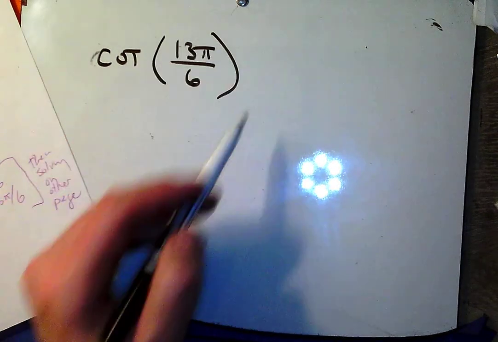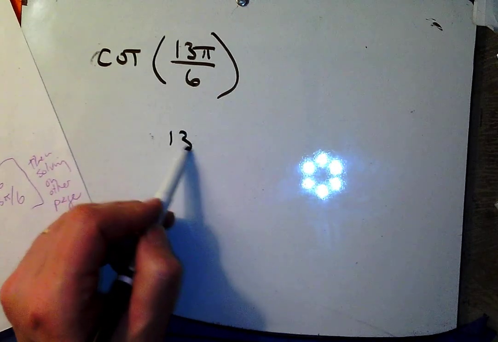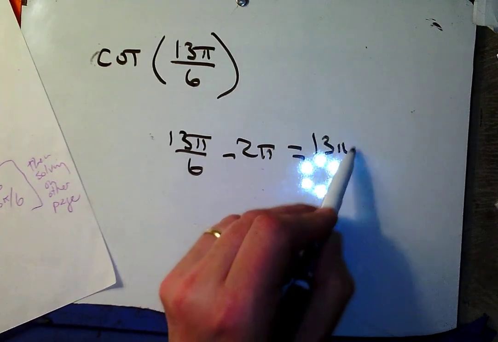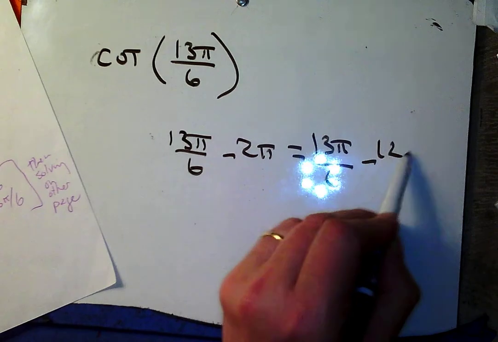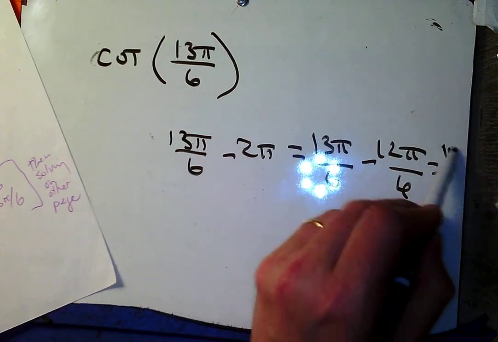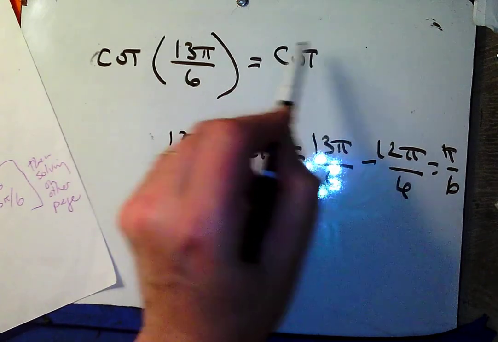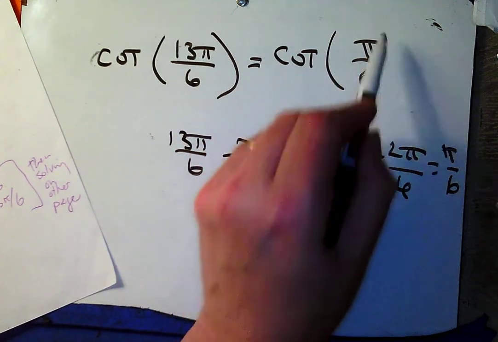Well, that's too big for the unit circle. So I'm going to think about 13 pi over 6 minus 2 pi, which is 13 pi over 6 minus 12 pi over 6, or pi over 6. So the cotangent of 13 pi over 6 will be the same as the cotangent of pi over 6.